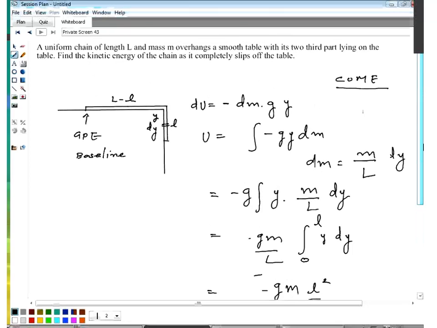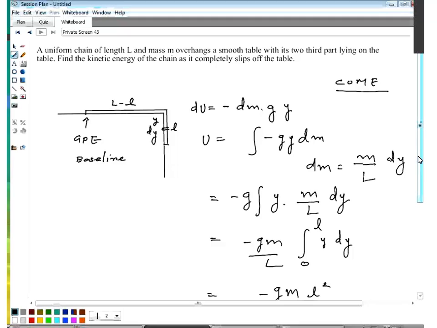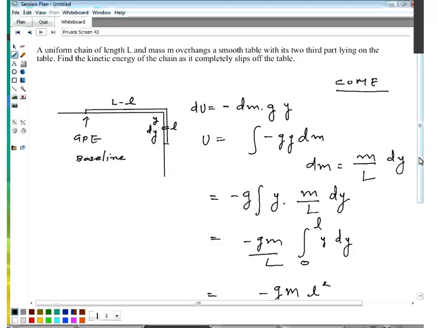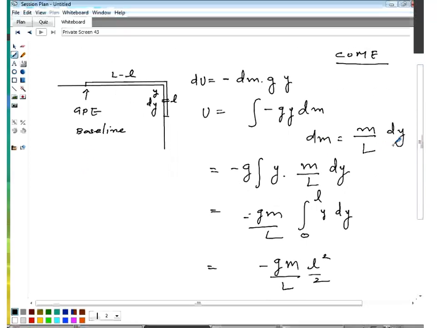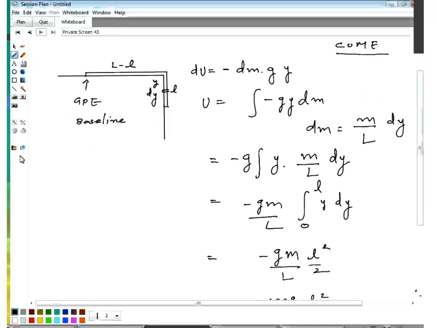Now, initially, small l is how much? One third is lying outside.